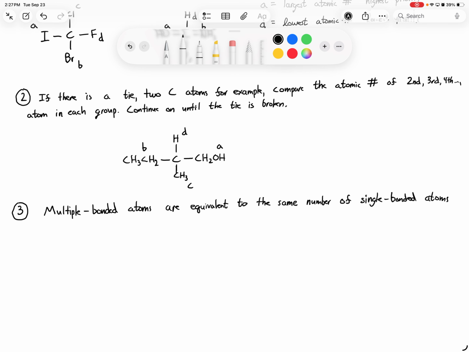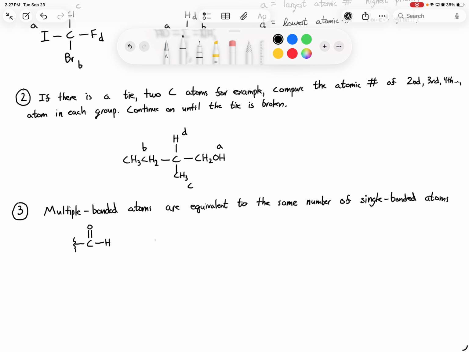All right, so the things I draw here, they make no sense in reality, okay? So it's just for the purpose of assigning priorities based on this system of R and S, okay? So, for example, if I have this group, COH, okay? So we're looking at this portion of the molecule here, this portion on the right, okay?